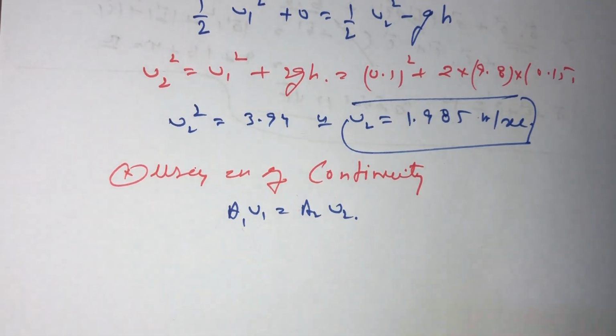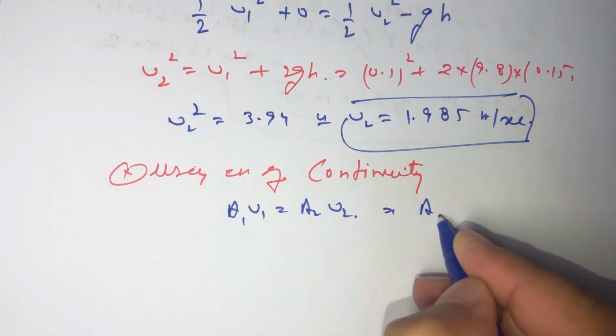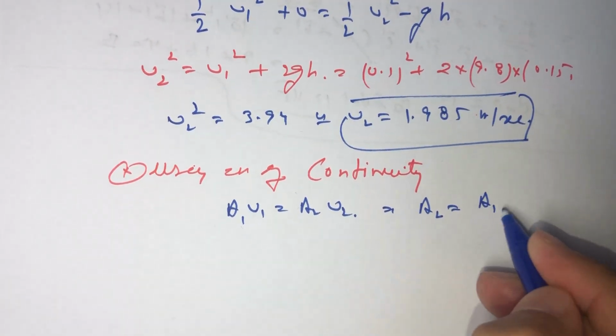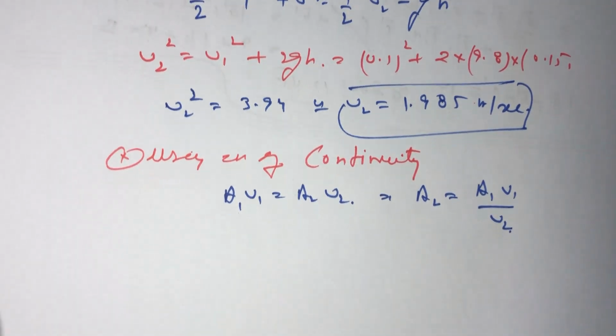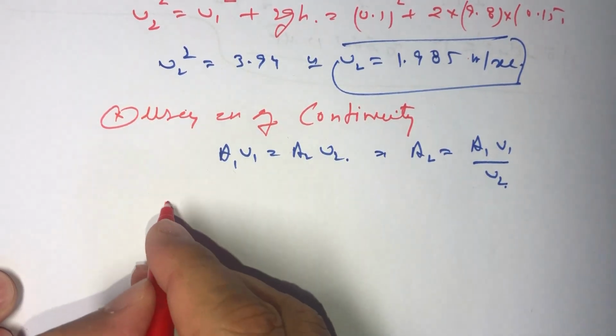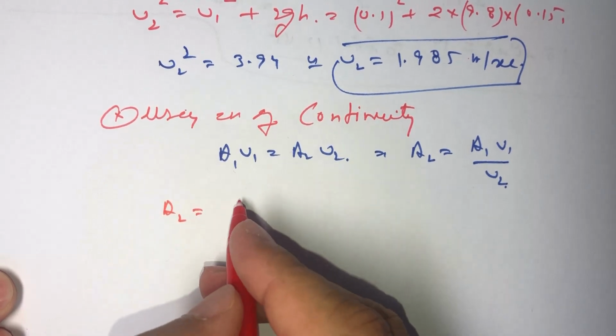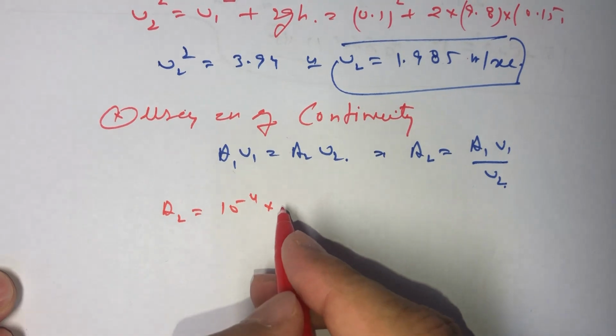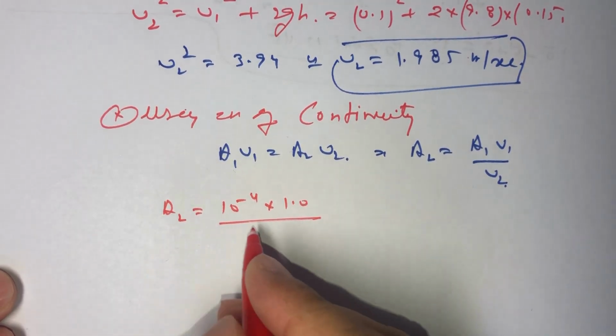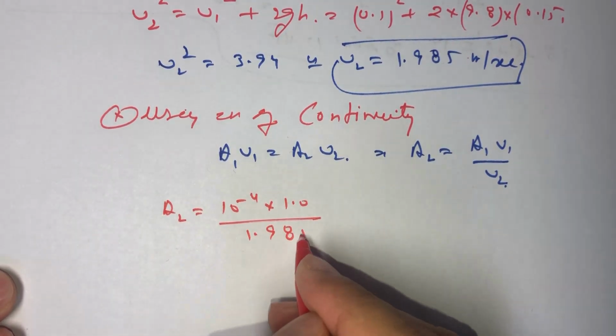So from here we can write that our A2 will be equal to A1 V1 divided by V2. Substituting the values, A1 is 10 to the power minus 4, V1 is 1.0, V2 is 1.985.